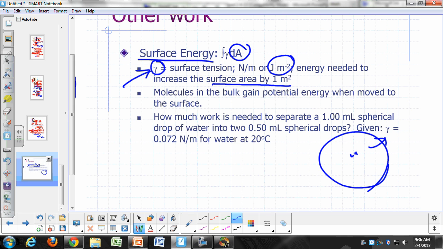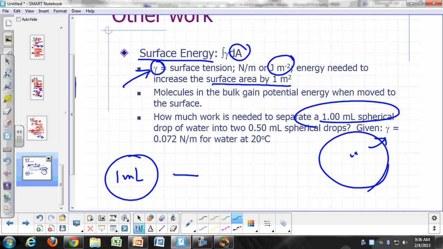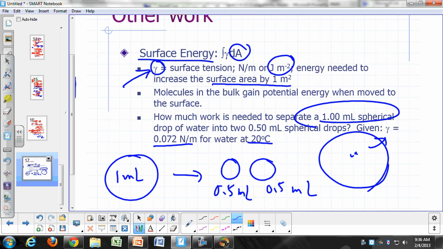Okay, so imagine you have a 1 milliliter spherical drop of water. You want to split it up into 2 half-milliliter spherical drops. Given the surface tension of water is 0.072 newtons per meter at 20 degrees, how much work would you need for that to happen? So this is half a mil, and that's half a mil.